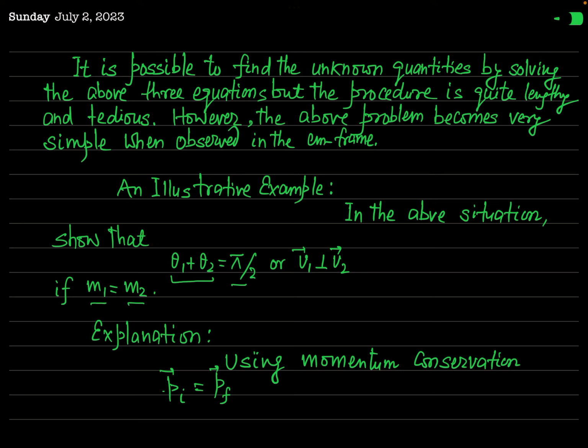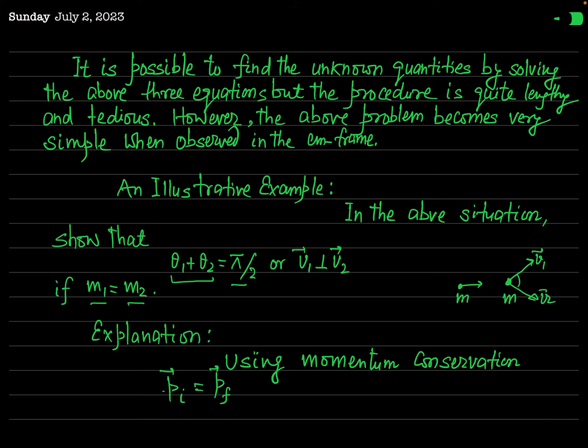Or you can say, when a particle of mass m is at rest, and another particle of the same mass m collides with it, then after collision the projectile and the target will move at right angles to one another.